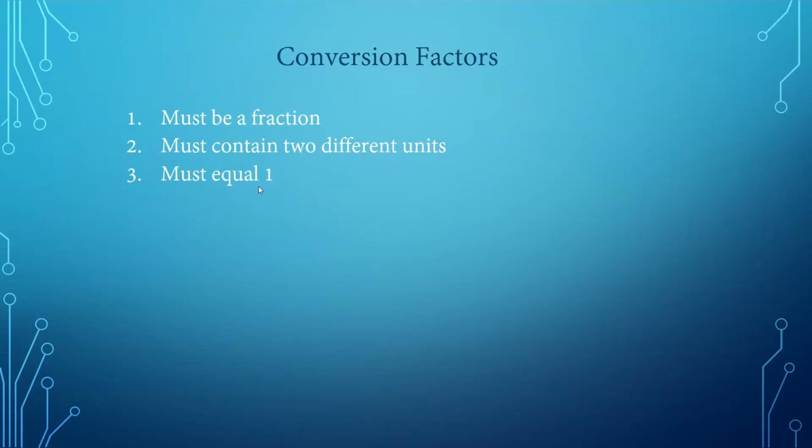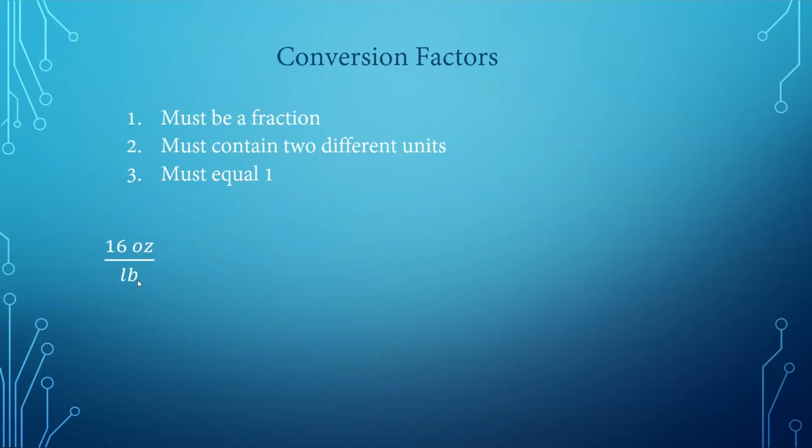Anytime you multiply a value by something, you can't change what its value is. If something is 2 yards long, you can't suddenly make it 6 yards long. So the only thing you can really multiply a value by is 1, and there's a lot of ways to write the number 1.